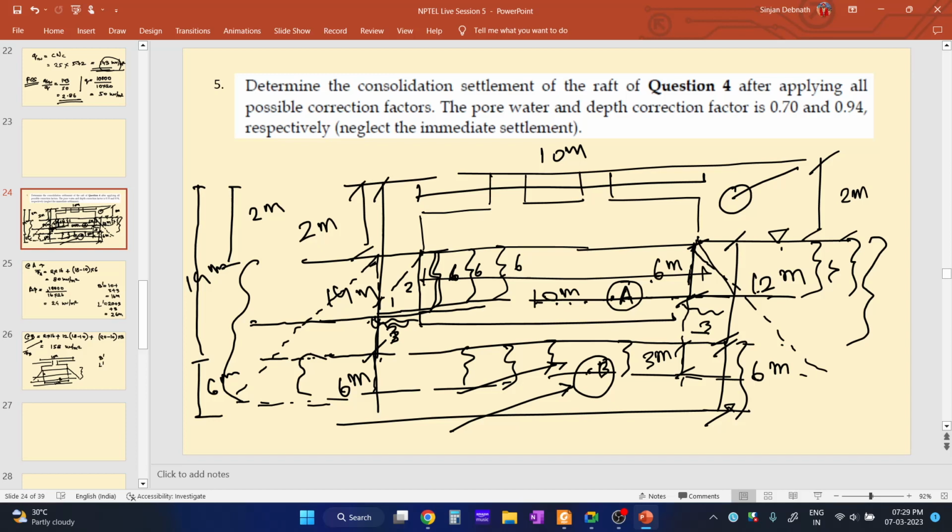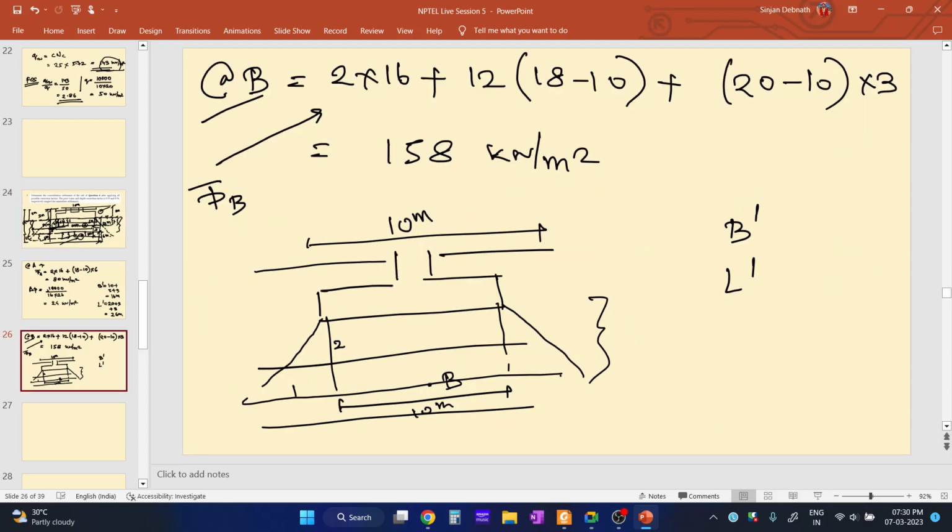So from the base of the footing, this one is 12 meter, that is 14 minus 2. So 12 meter plus 3 meter, 12 plus 3 is 15 meter. So the depth of point B is 15 meter from the base of the footing.